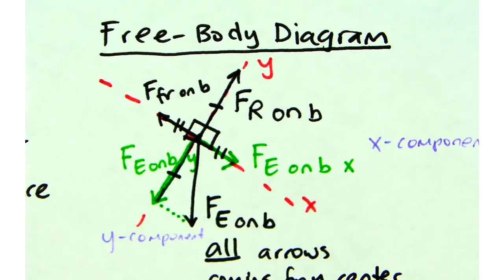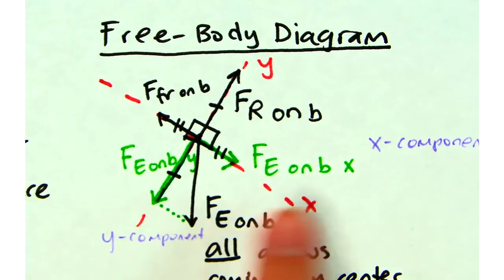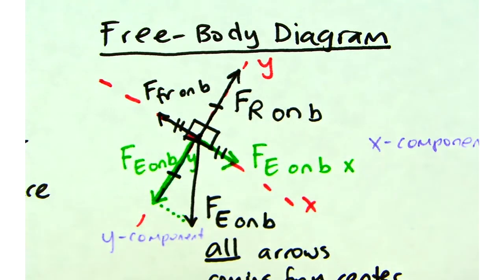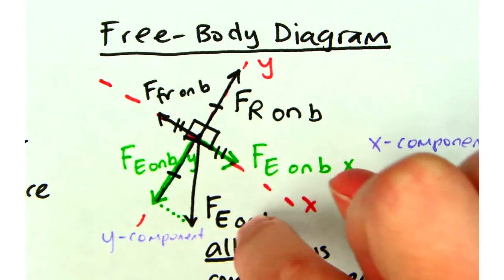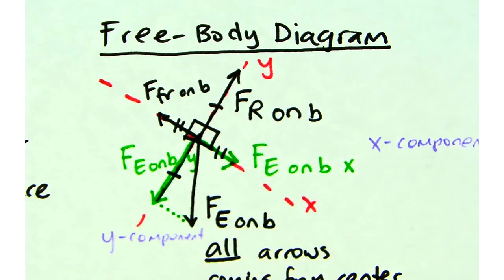If I was drawing it, I would want to show that these are vector components in some way, either by using dotted lines or by using another color, to show that I don't actually have 1, 2, 3, 4, 5 forces on it. Really, in this case, I would have 3 real forces: the force of friction, the force of the ramp, and the force of the Earth, and the other 2 are vector components. All right, that's it. Enjoy drawing your free body diagrams.